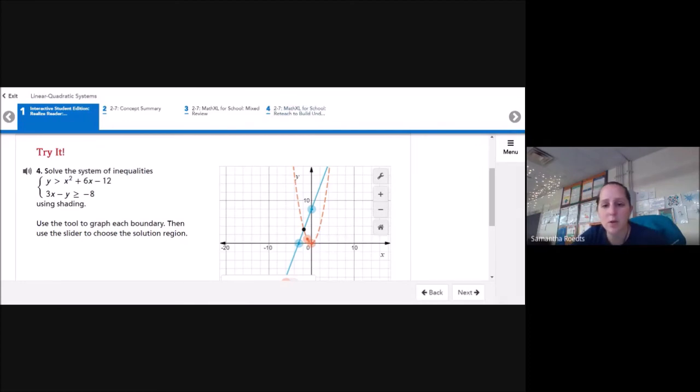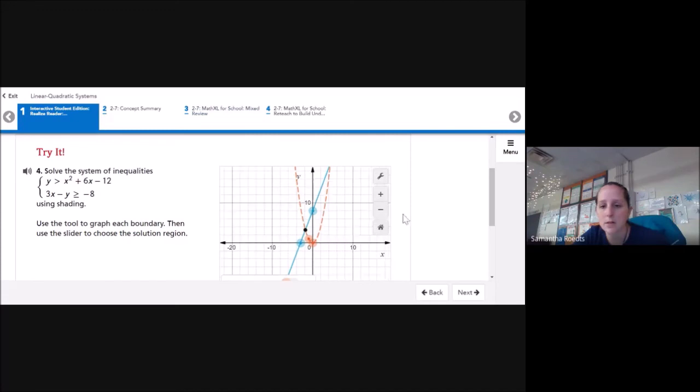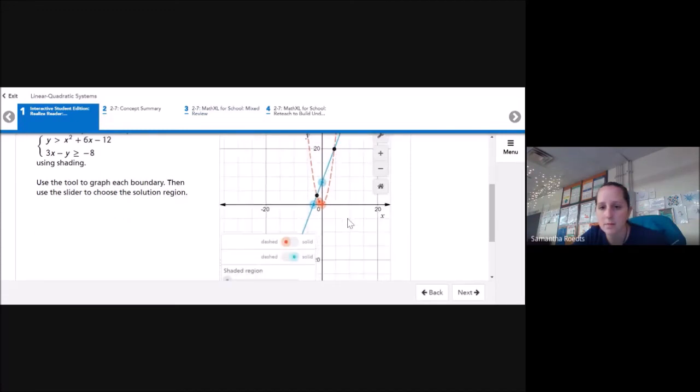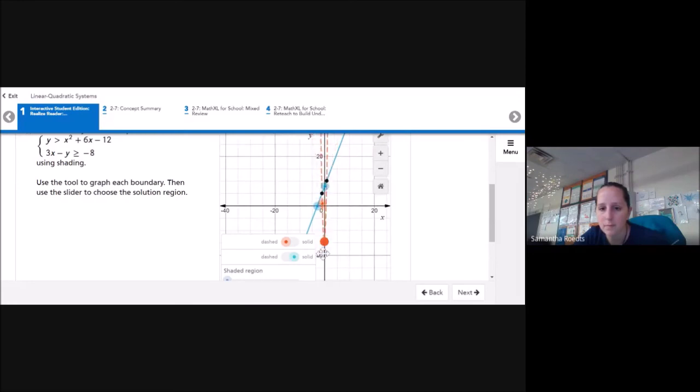When I'm graphing the quadratic, let's see, the vertex is negative 3, negative 21. So that's down here somewhere. And then points 0.7 or negative 7.58.